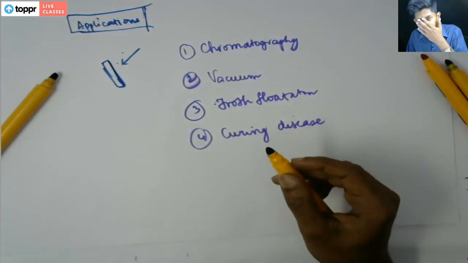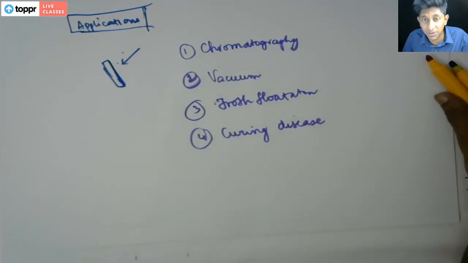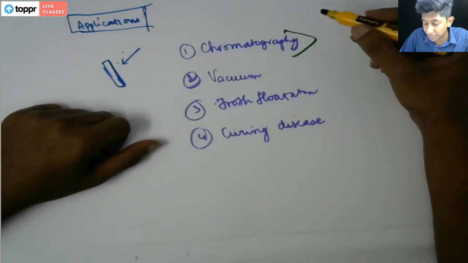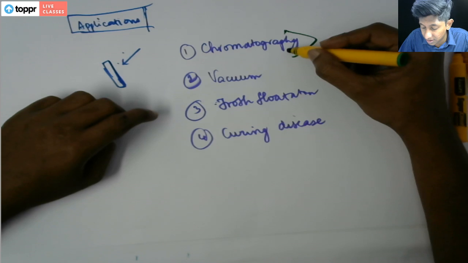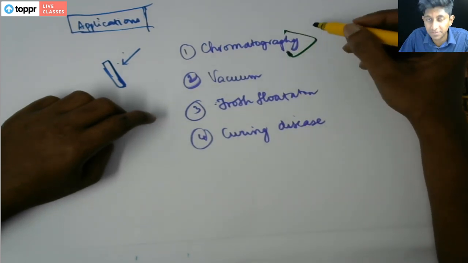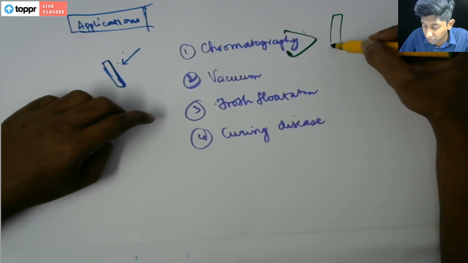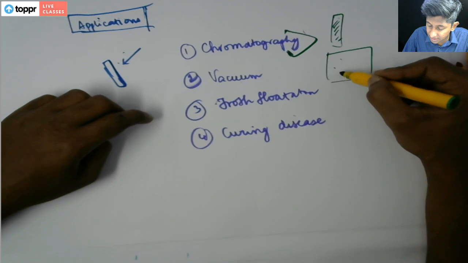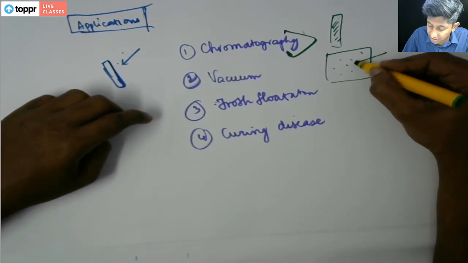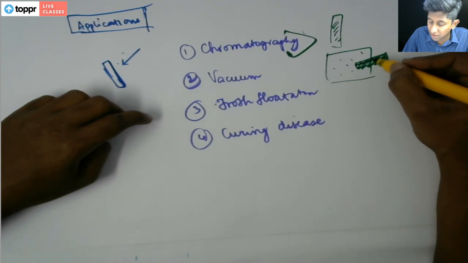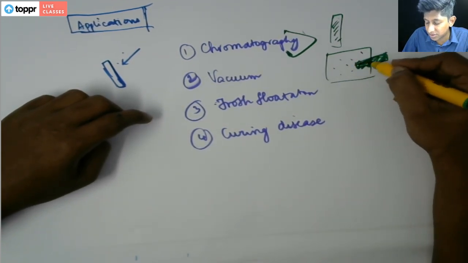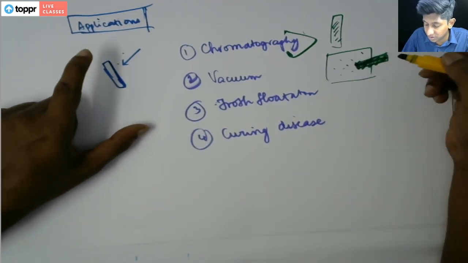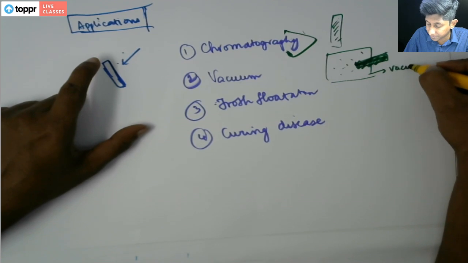If you check your text you will find at least 20-30 applications, but mainly: in chromatography, you find out the nature or the concentration of something using a chromatography paper. Then there's creating a vacuum, where you already have a system with very few particles left. In that case you introduce a metal which will adsorb whatever is left, and because of the high pressure in the Freundlich isotherm, it gets adsorbed, and therefore you get close to a vacuum.